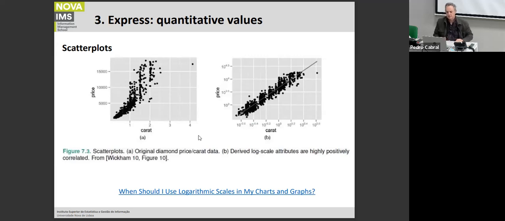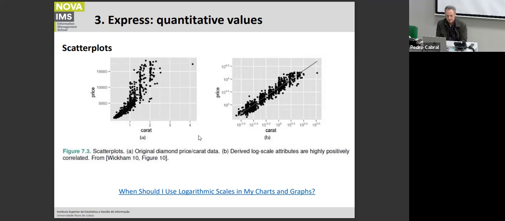Here we have an example of a scatter plot in which we are representing diamonds, okay? Who doesn't like diamonds? Comparing the price against the carats, sorry. So the carats, the higher the value is, you can see that there is a good correlation between the carats and the price.